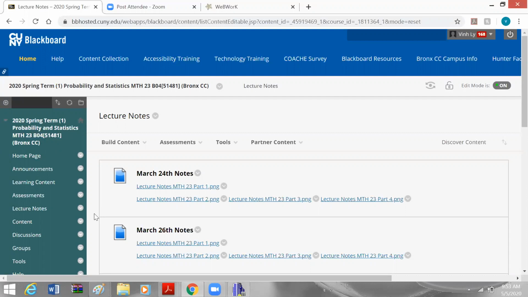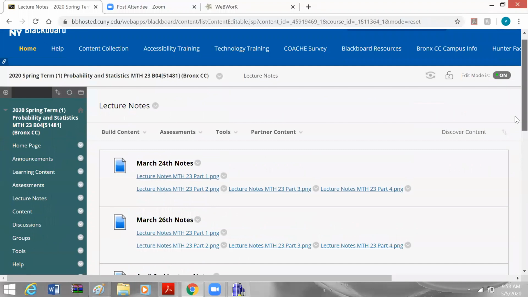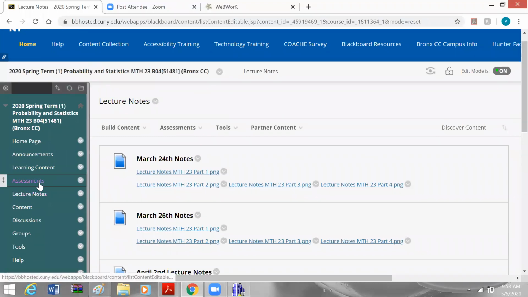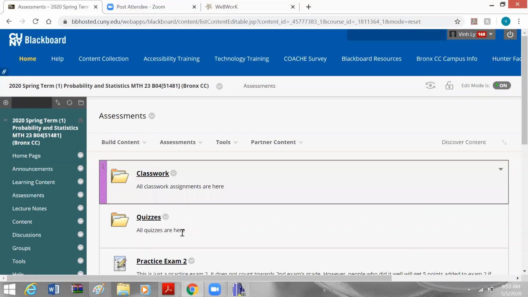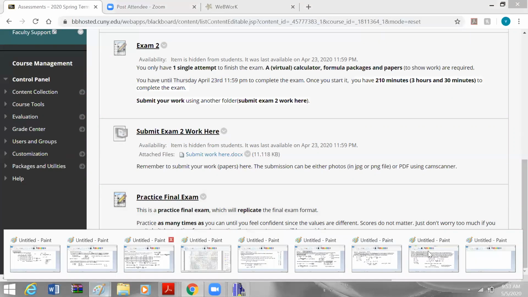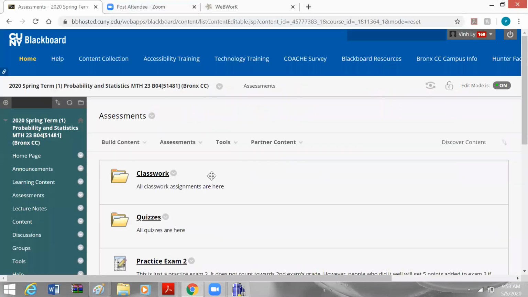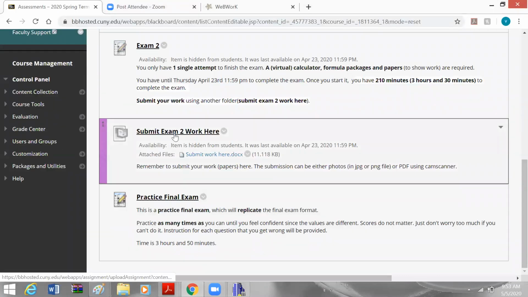The practice final exam is just for practice, as much practice as we can, so that we can prepare well for the final. It doesn't count. The only thing that counts will be the second exam. So we submit the work and see the grade over there. Yeah, I did already, because you gave me my grade, I saw it.